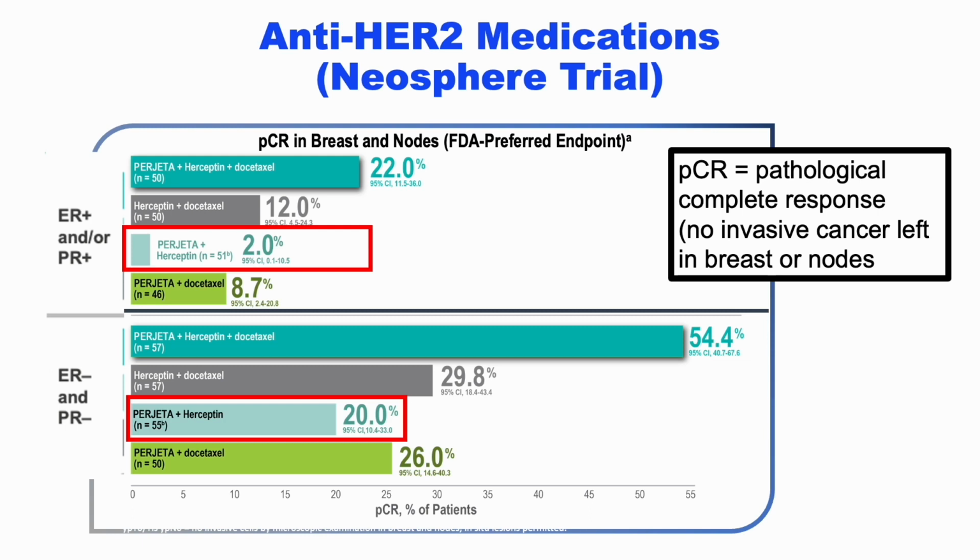So again, even though there is a response, with PCR rates in the 2 to 20% range for patients treated with just the antibodies, the PCR rates are higher in both instances when those drugs are combined with one chemotherapy regimen or another.